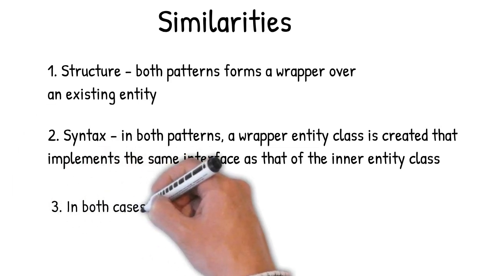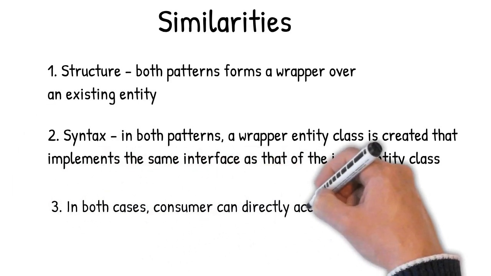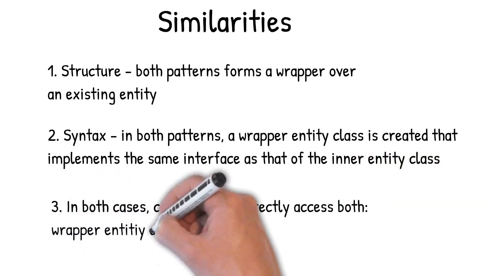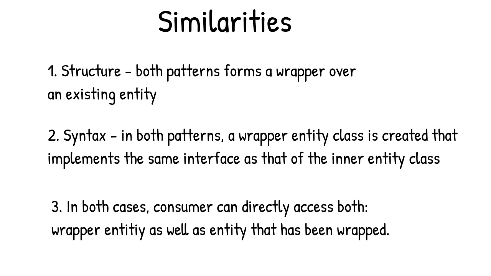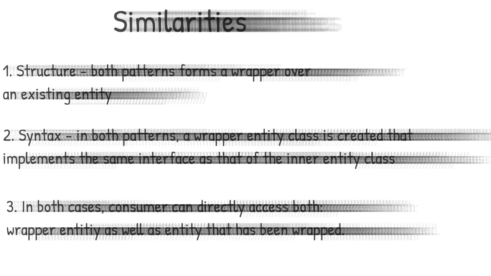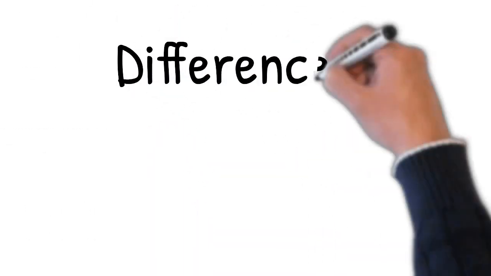And in both of these cases, consumer can directly access both wrapper entity as well as the entity that has been wrapped. Not like a proxy pattern, which only allows access to the proxy entity and not the original existing entity. Hope you understand the similarities.